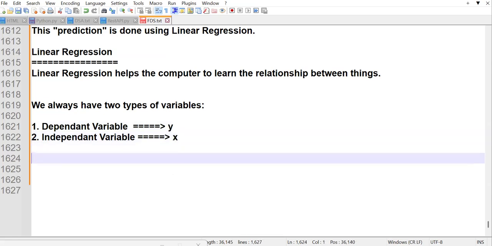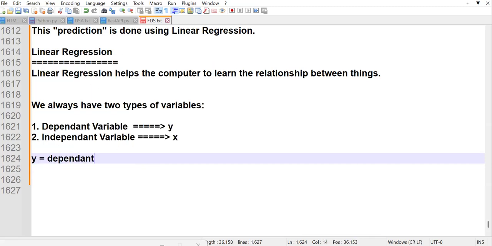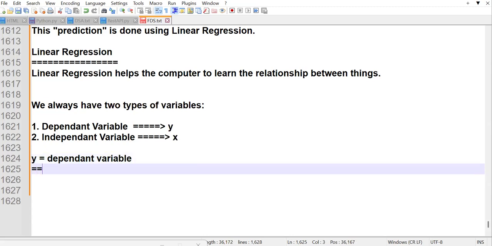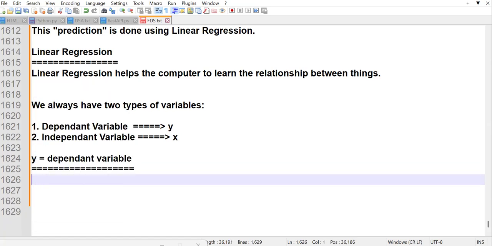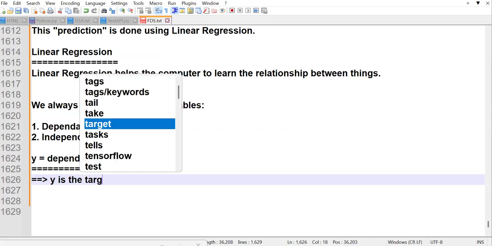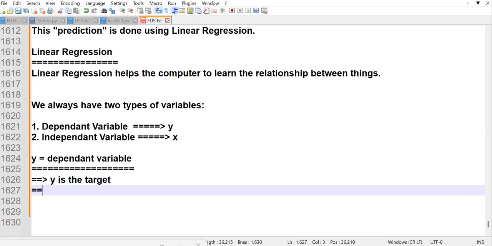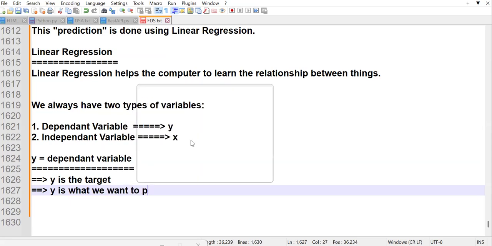Let me tell you, y means the dependent variable. y is the dependent variable because y is the target. y is what we want to predict, the predicted variable.